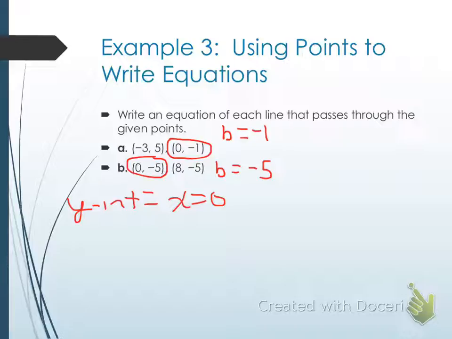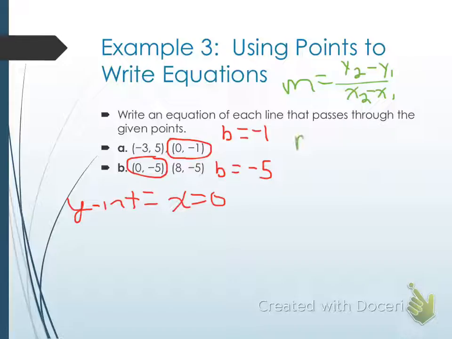So now that we have our y-intercepts of both, all we have to do is figure out what our slope is. Now, I know we haven't worked on it a lot, but our slope is rise over run, which is the change in y over the change in x. And remember, we can just take either point and consider it x1 and y1.